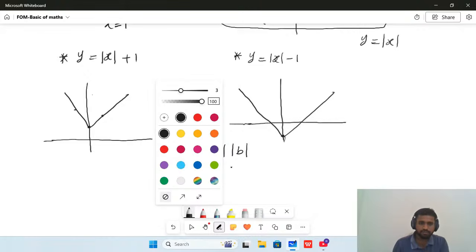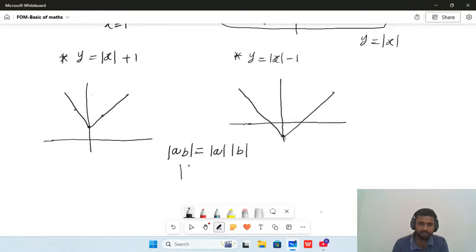Suppose modulus of A by B is there, or modulus of x by y also you can take. I am considering modulus of A by B. So modulus of A by B also you can separate as mod A divided by mod B. So we can split the modulus in multiplication, and in division also.